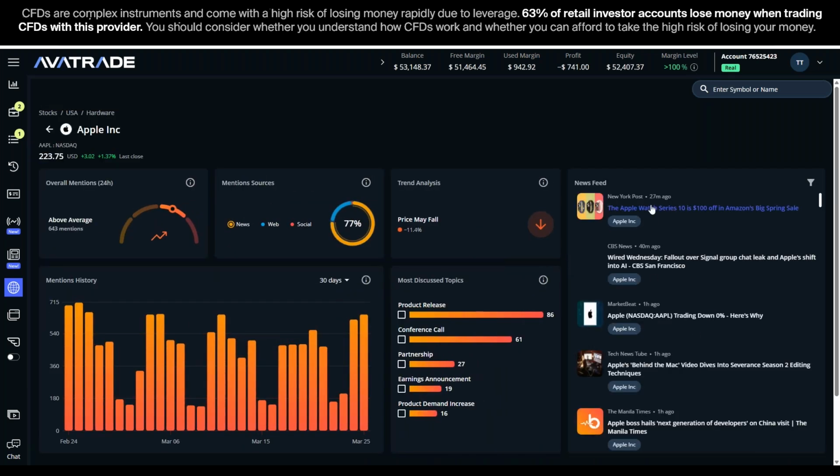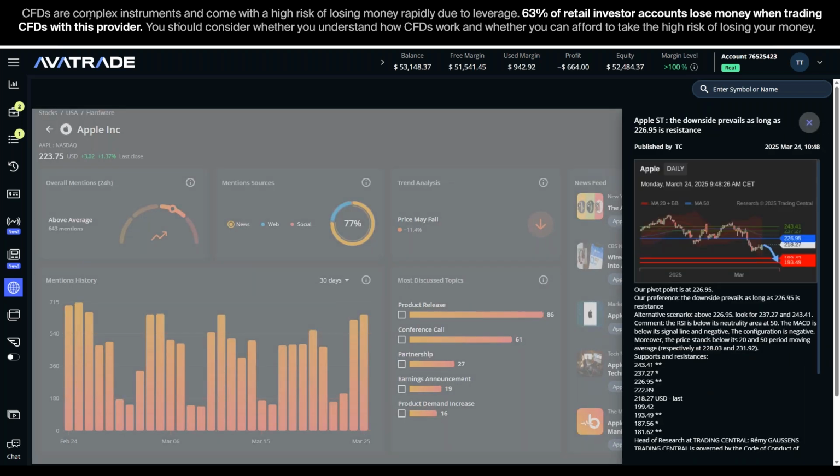Not only does it give me the most recent news, which you can click and read to see what's happening right now fundamentally, but here's the most recent signal from Trading Central paired with the recent news. So you could read the most recent articles and see if it's good news or bad news. In this case, the signal is saying Apple may fall 11% or more, and you can see the technical analysis here.